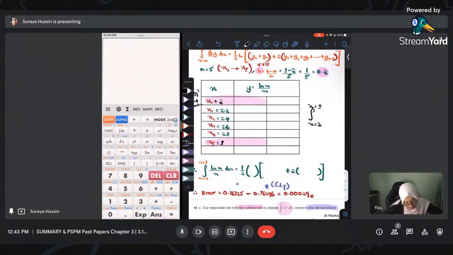So ln x. Equation in terms of x, bukan nombor. Okay, divided by x. Then tekan calculate. Calculate apa? Start with number 2. So put 2. So you will write it down.